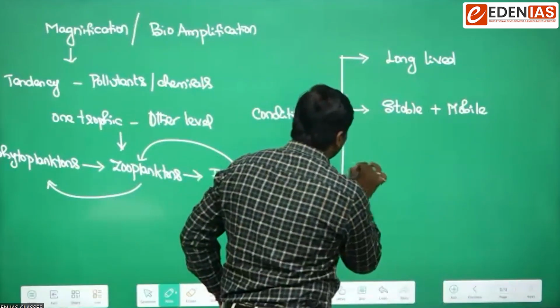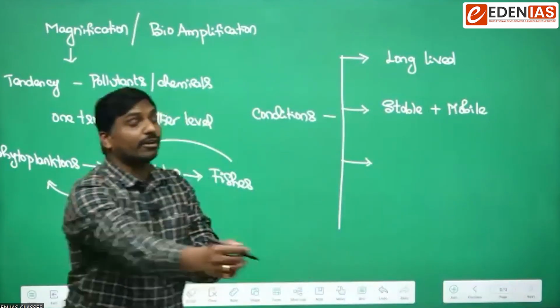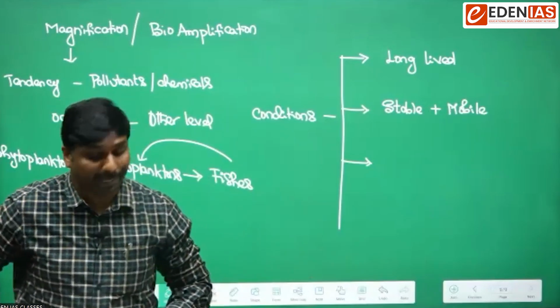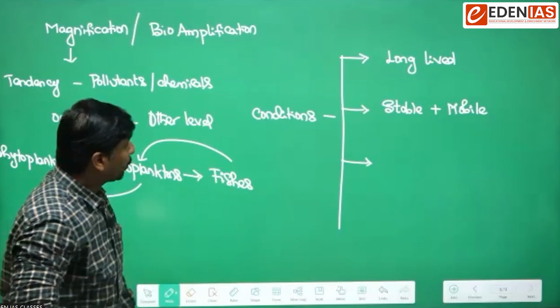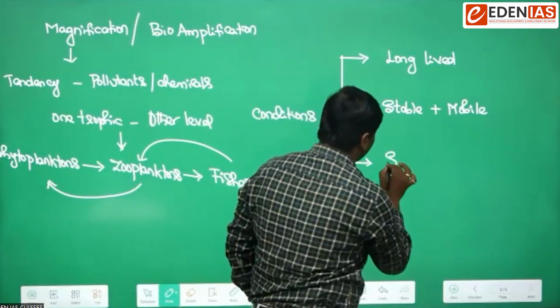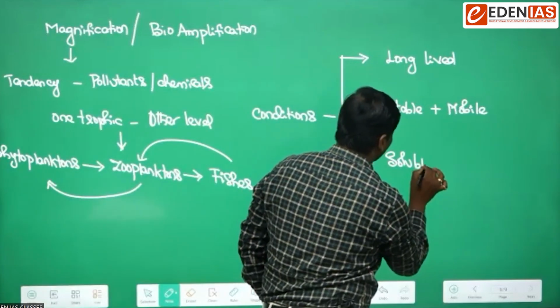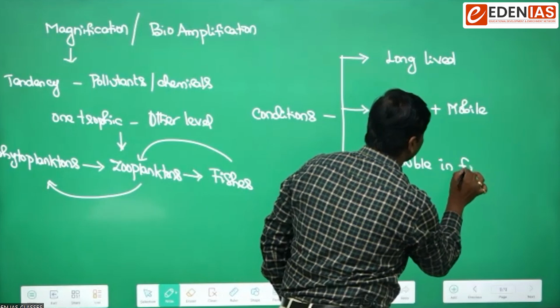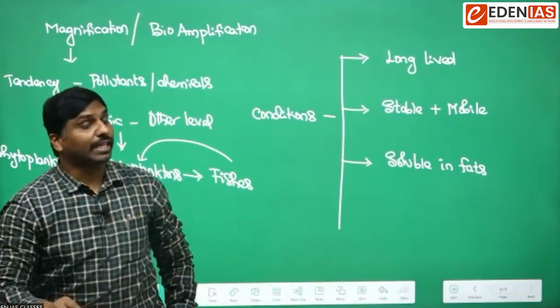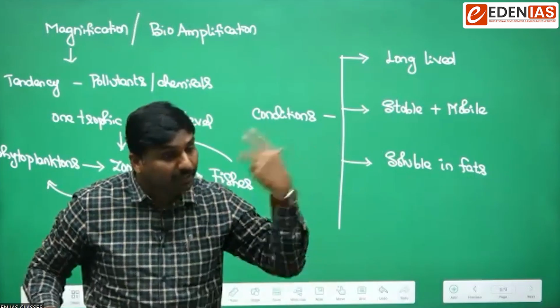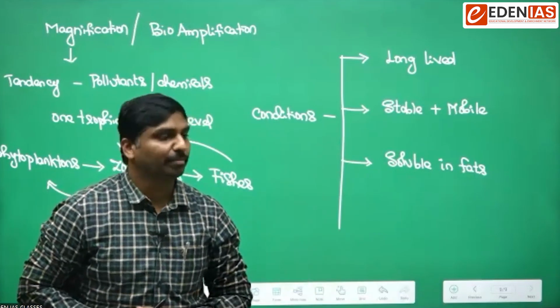Then, the next important condition for a chemical or pollutant to become biomagnified is that it should be soluble in fats. When a particular pollutant is soluble in fats, it can be stored and can remain in the body for a longer period.